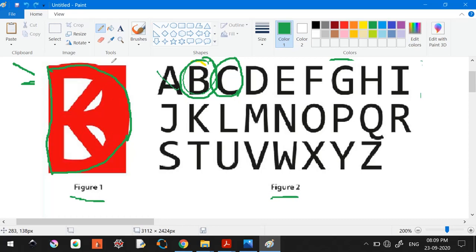So D is also possible. That's what I believe. And let us see. E is straight away visible. So if I draw until now, it is too long. So let me take till here. It is still possible.